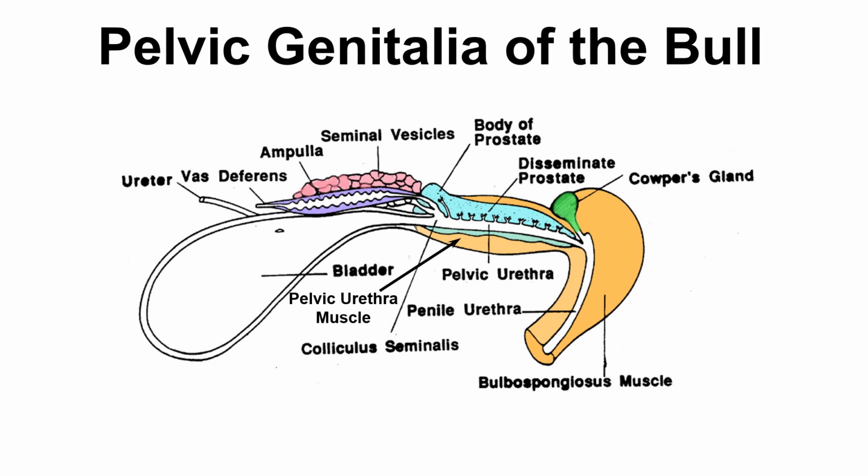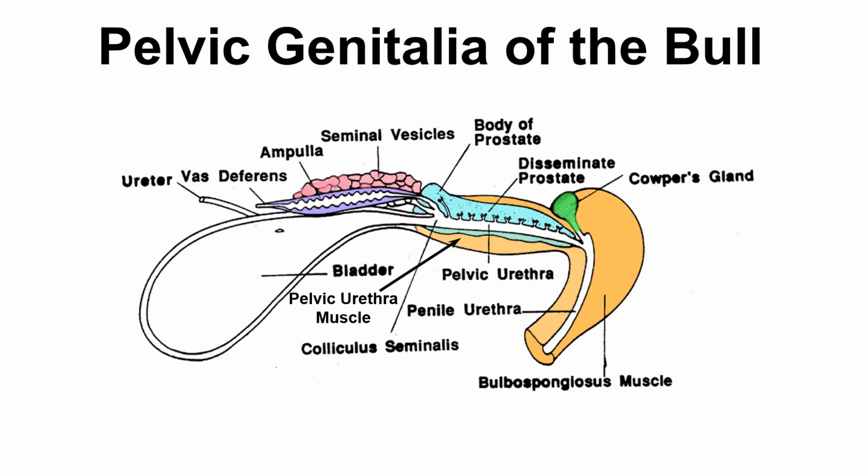So from the ampulla, the sperm will move into the colliculus seminalis. The colliculus seminalis is the area where the sperm pooling takes place with the secretions from the accessory sex glands. We also have the seminal vesicles located on the top portion of the figure, the pinkish structure. We have two, the left and the right seminal vesicles.